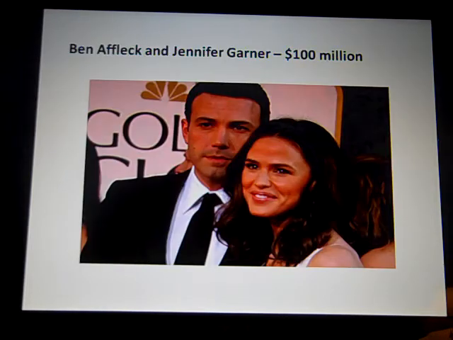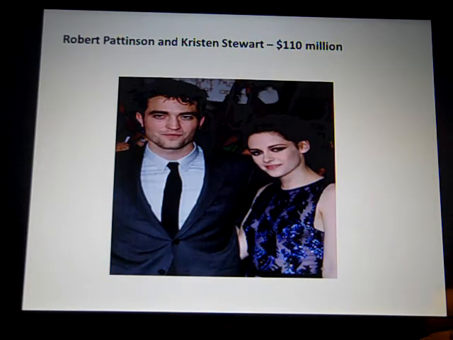And I have lots of examples of that. Some of these statistics are a little dated, but you get the idea. There we have Ben Affleck and Jennifer Garner. Jennifer's from our region. And you can see what they're worth together. But the rich and the powerful tend to stay with the rich and the powerful. Those of us who are in the middle classes or maybe the lower class, we tend to marry, hang out with, and establish friendships with people who are very similar to us in terms of social status or socioeconomic status.